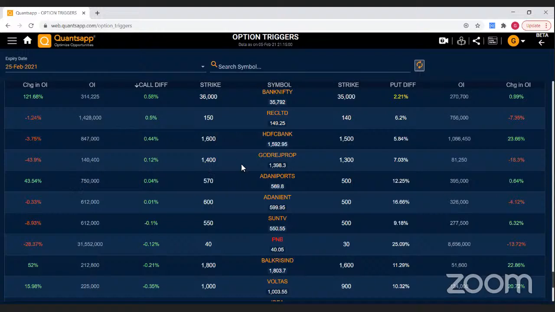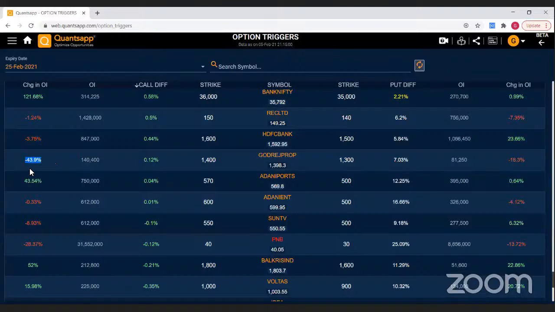Now, if I look into Godrej Properties, it is right now at 1398, almost at the level of 1400. And the highest call OI strike is also 1400. For Godrej Properties at the level of 1400, call writers are showing nervousness.